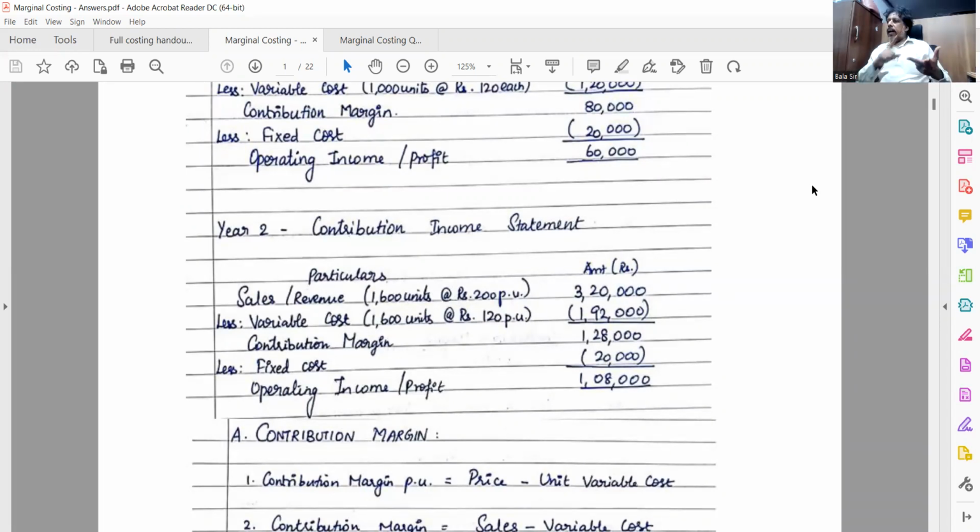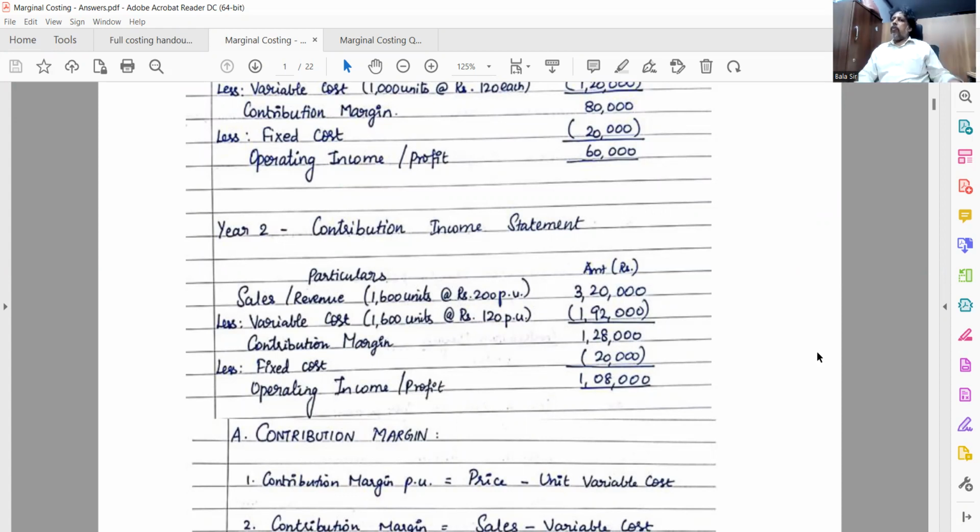Yes. That is, adding your fixed cost and profit gives you the contribution required. And if you divide that by contribution per unit, you will get the number of units you have to sell. That is called the target quantity. You get it? Always remember, whenever you start a business, initially you want to at least break even.